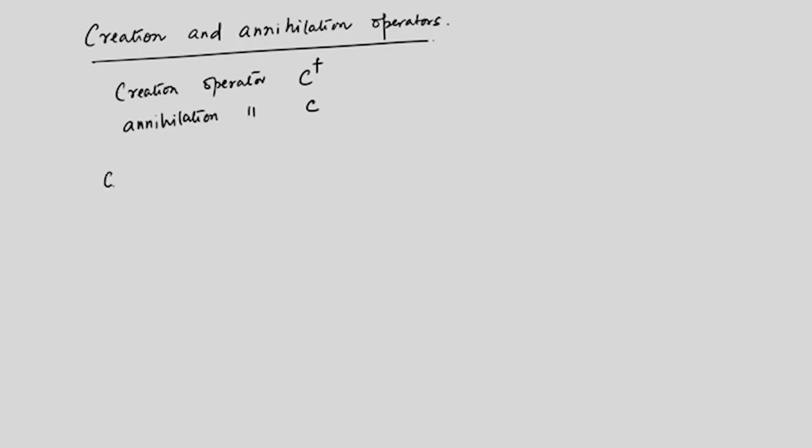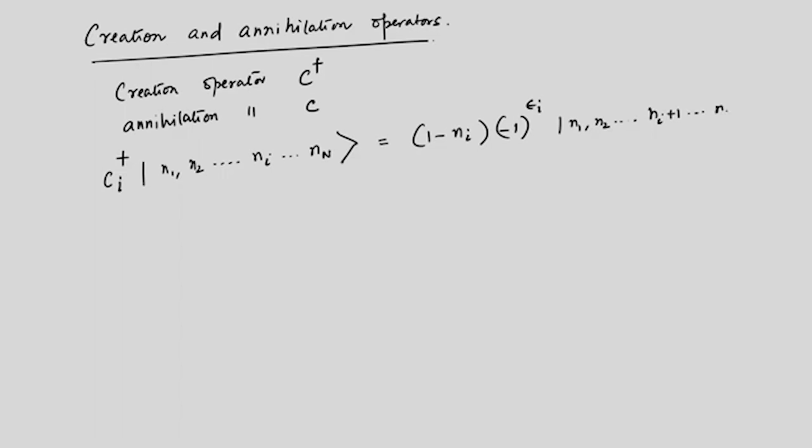This really does this. So, C_i acts on this Fock space which contains n1, n2, ni and nn. So, this is equal to (1 minus ni) and (minus 1) whole to the power epsilon_i. I will just tell you what epsilon_i is, and n1, n2, ni plus 1 and nn.